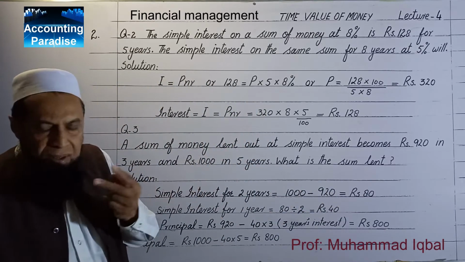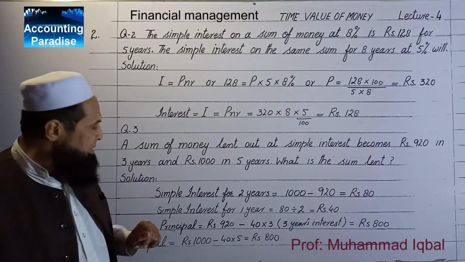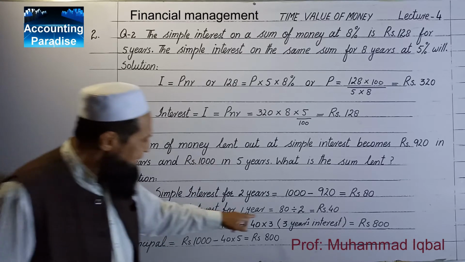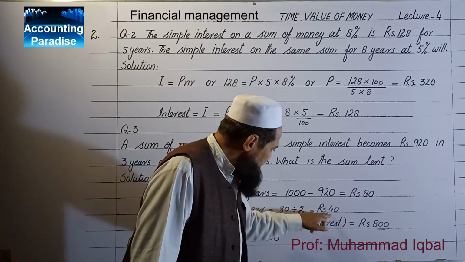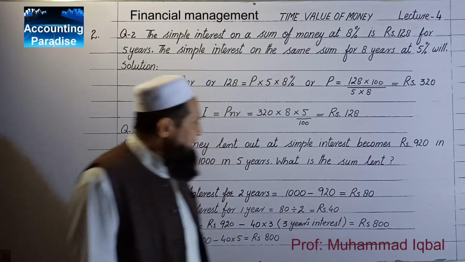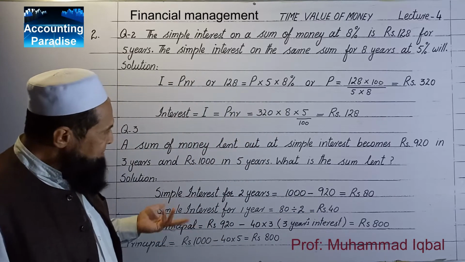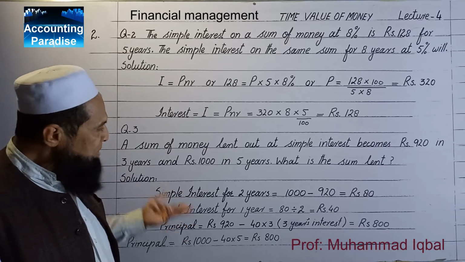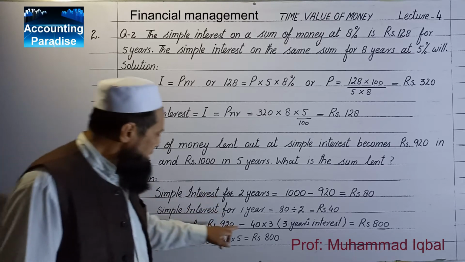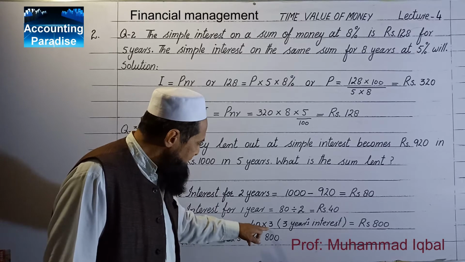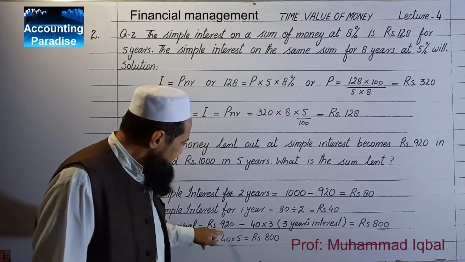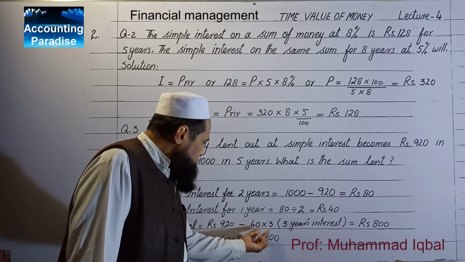80 is interest for 2 years. Now simple interest for 1 year, divide this 80 by 2, it is 40. Now we want to calculate the sum or the original amount. If we multiply this 40 into 3, it comes 120.